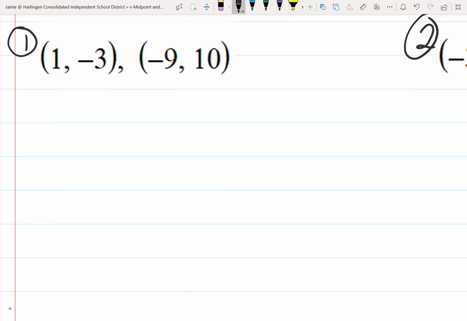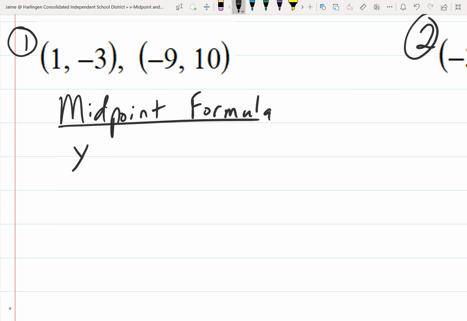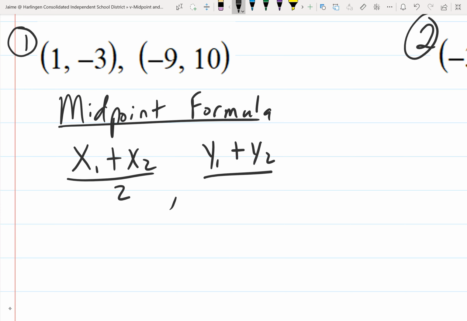So to find the midpoint, you're going to use the midpoint formula. The midpoint formula is x1 plus x2 divided by 2, comma, y1 plus y2 divided by 2.